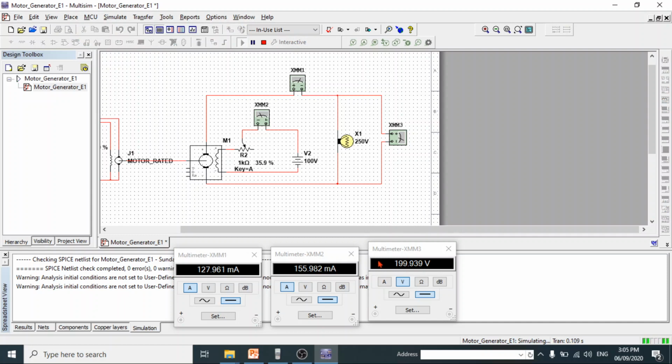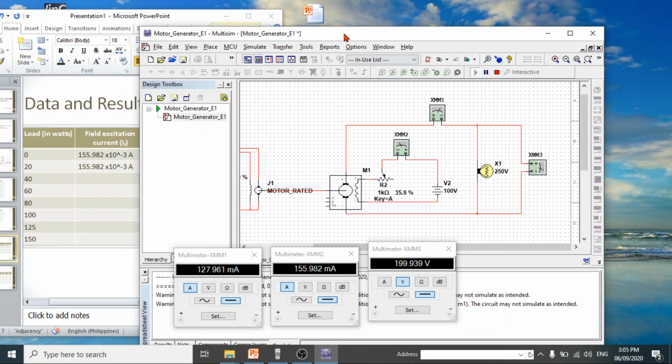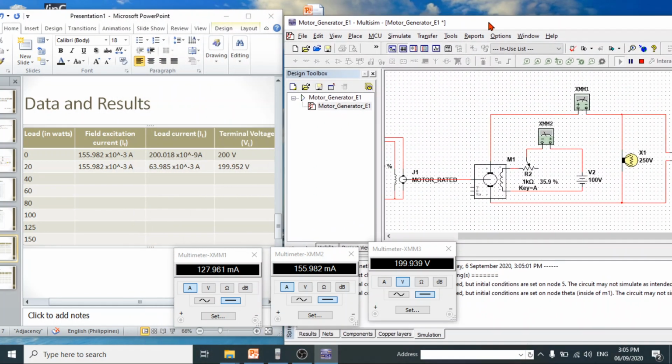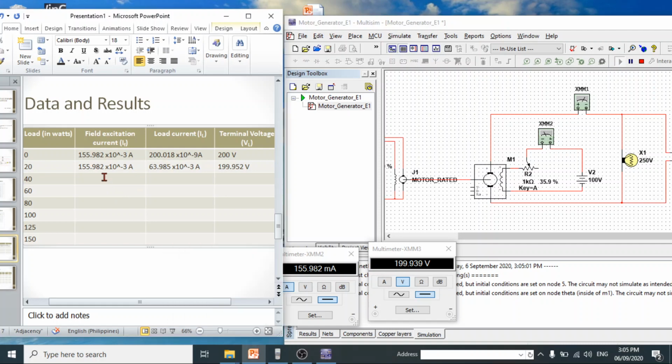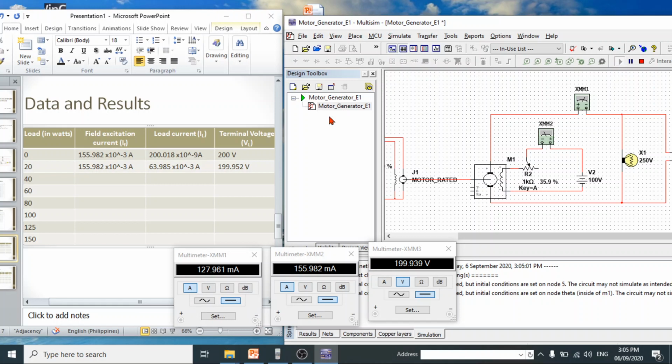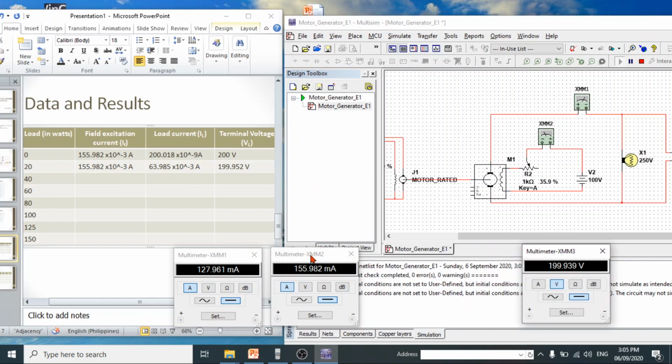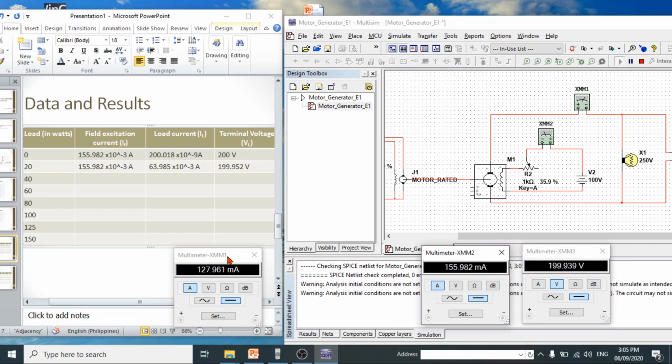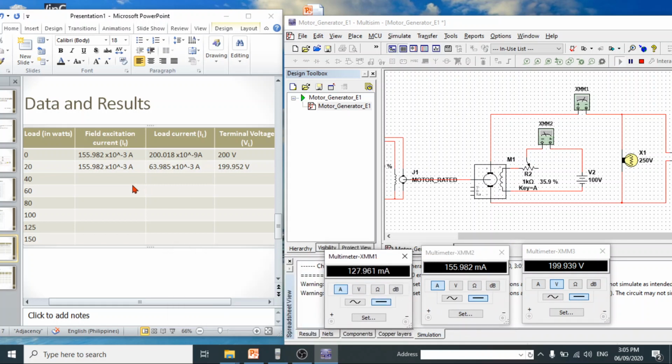You notice that there is a slight change in voltage, and the current also increases. So we record meter 1.